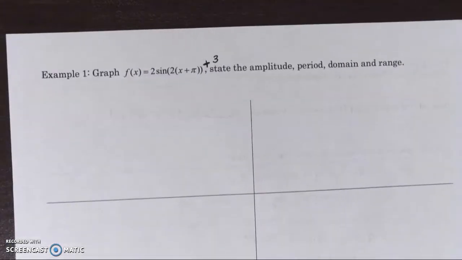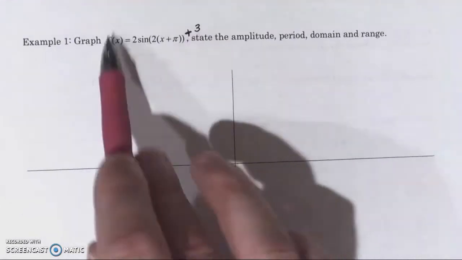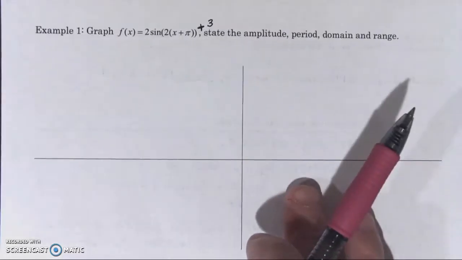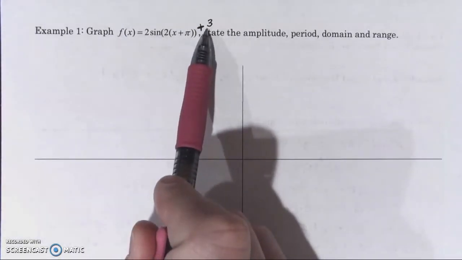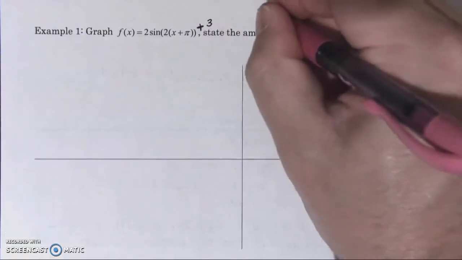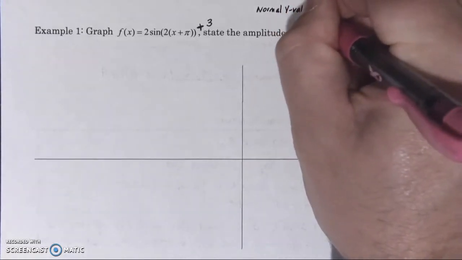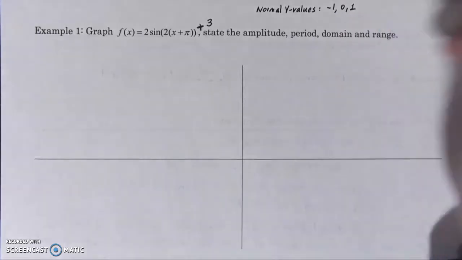So I'm going to turn the page. As you can see, instead of just sine of x, we now have all of this along with it. If we're looking for the y values, again, we're going to use the a and the d, and we're going to follow along with the steps. Normally the y values of the parent function are -1, 0, and 1.